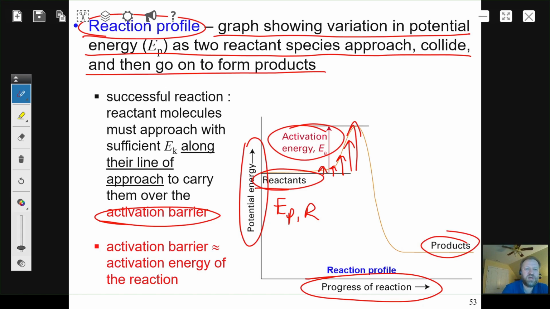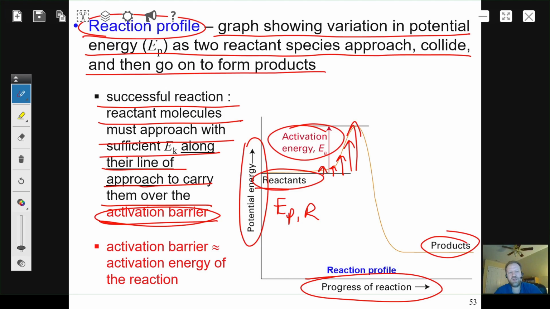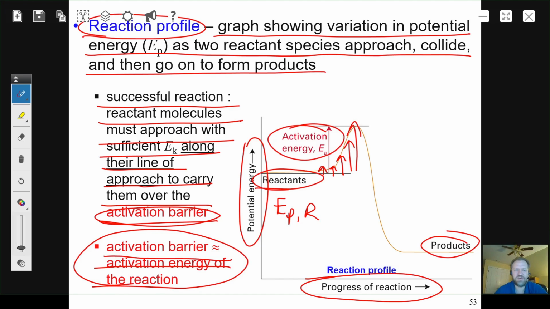So again, we can argue that for a successful reaction, reactant molecules must approach with sufficient kinetic energy along their line of approach that would allow them to go over the activation barrier. And again, the physical meaning of this activation barrier is basically the activation energy of the reaction that we already saw in the Arrhenius equation.